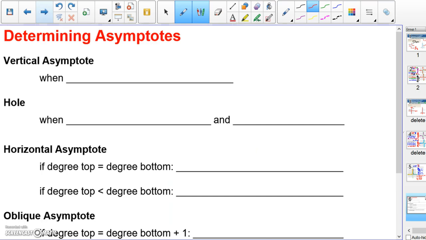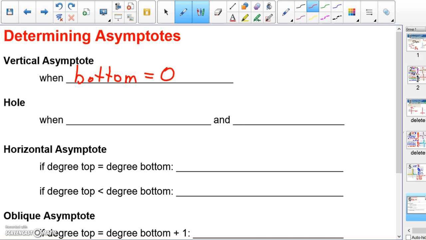Determining asymptotes. This slide is going to be really important for you. You're going to need to have this out when you do your homework questions, because a very big part of doing these problems is going to be finding the asymptotes. Okay? So there will be a vertical asymptote when the bottom of your rational expression equals 0.